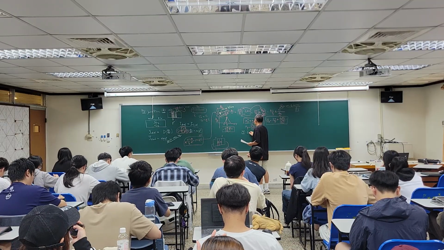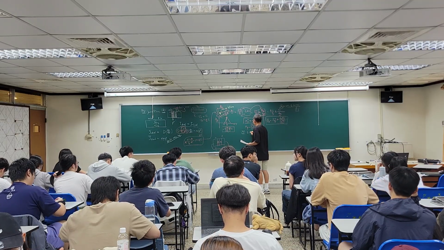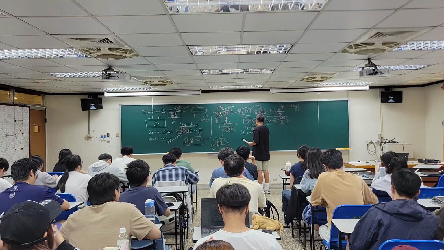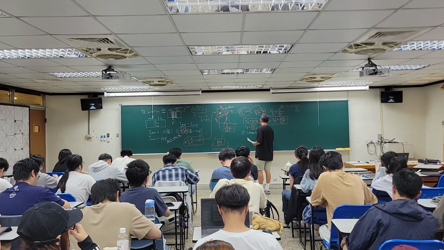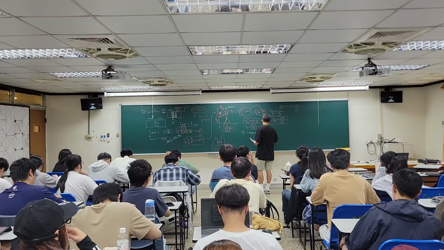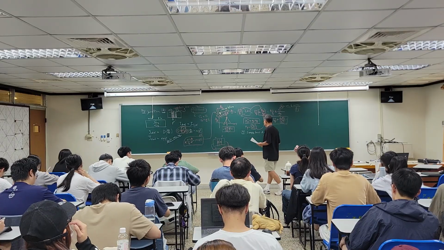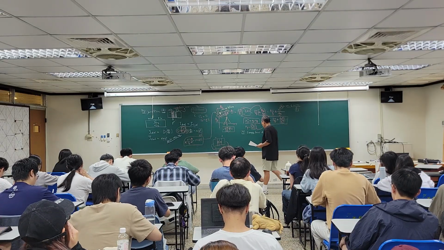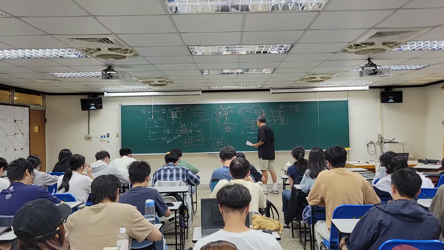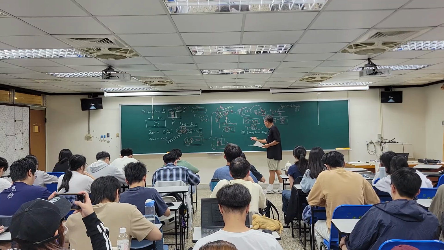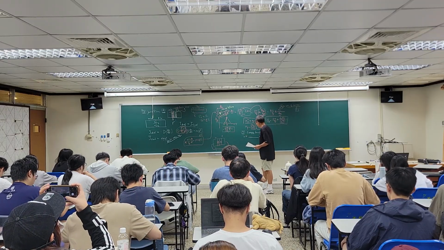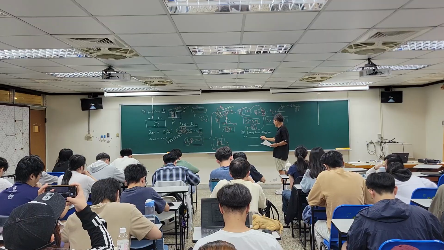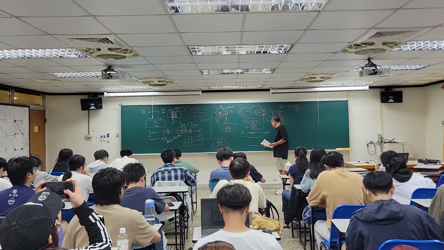Energy band diagram. So for the N side, the N silicon side, this is EC, this is EV.